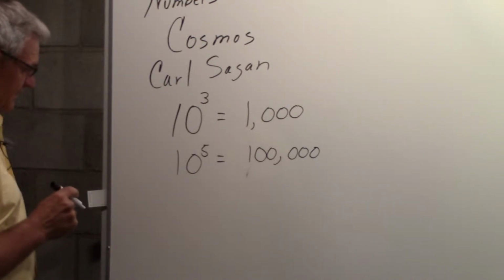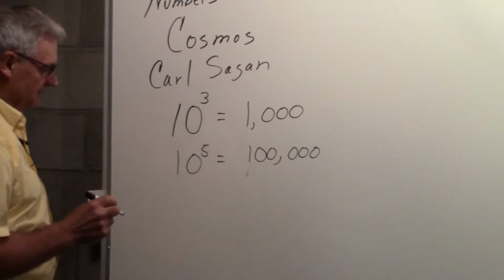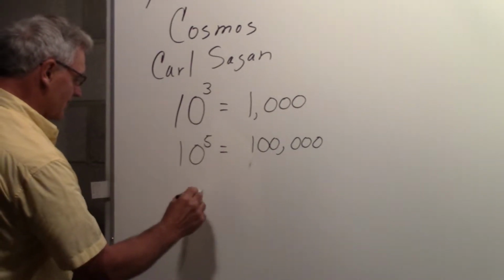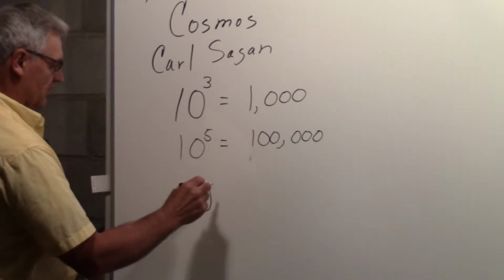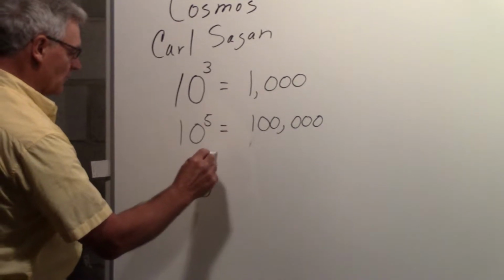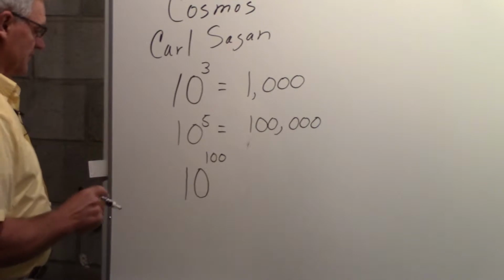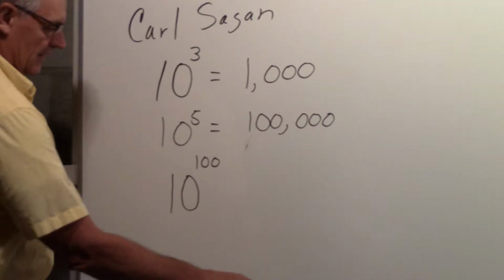There was a mathematician by the name of Edward Kasner who was interested in a large number, 10 to the 100th. And that would be 1 followed by 100 zeros, and I don't have enough room here to write that out.